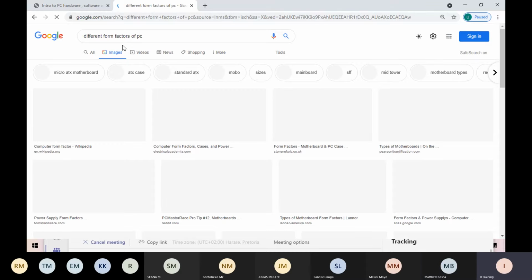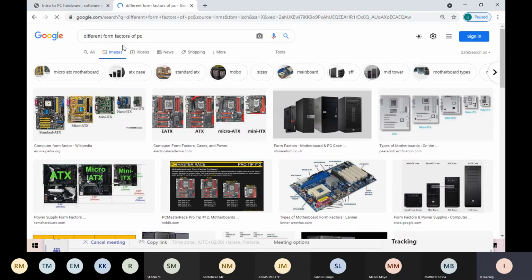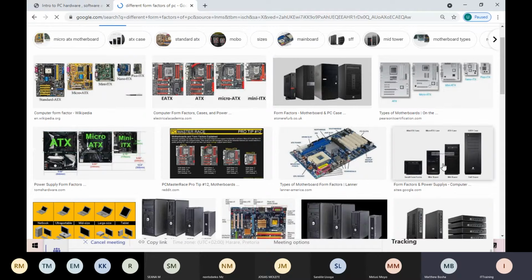You might include more internal hard drives, or some cooling stations there. So these are the types of form factors in this picture. My network seems to be slow, but I believe you can see this case here. These are the different types of form factors. And we also have ones like this that lay horizontally on the table. So those are the different types of cases.